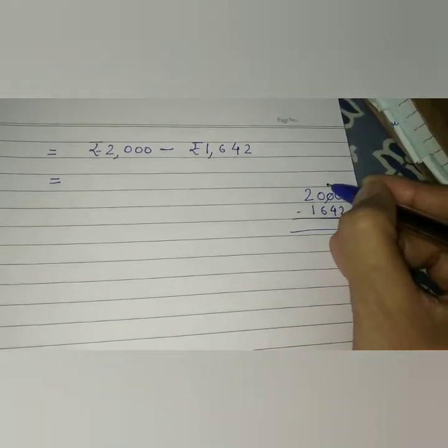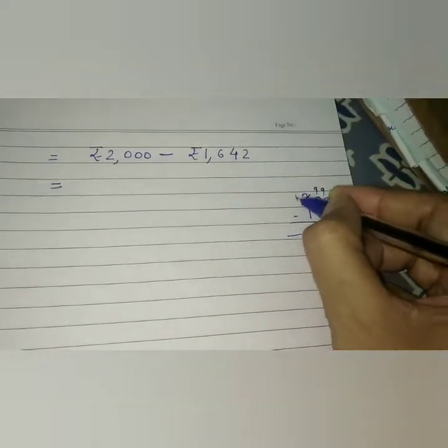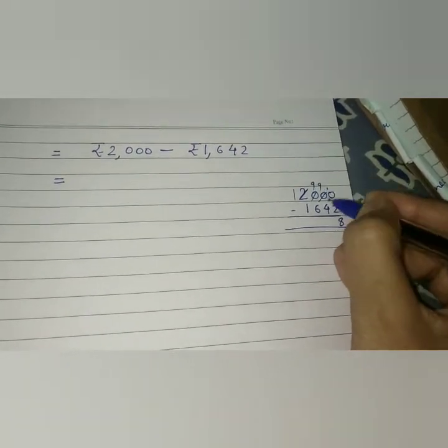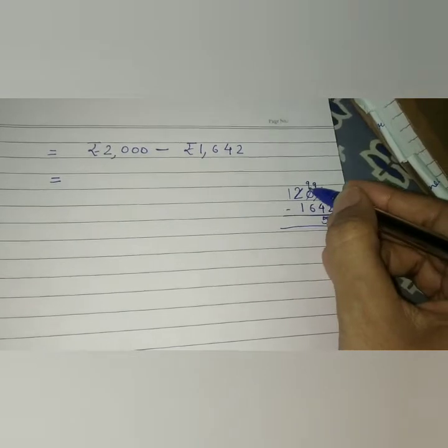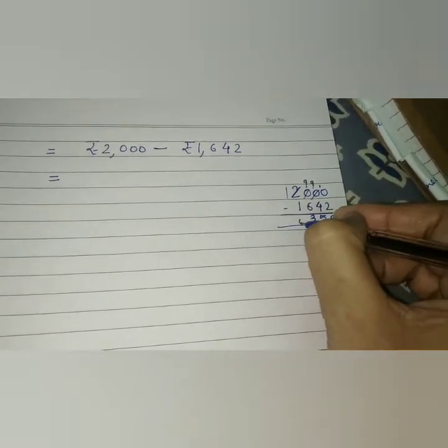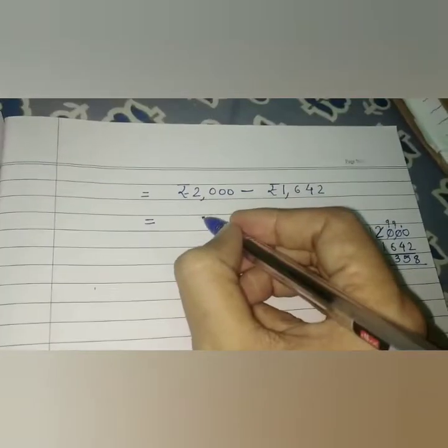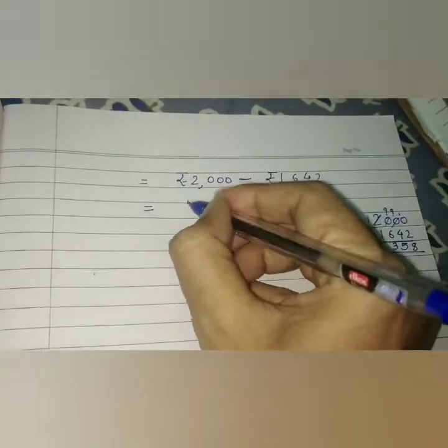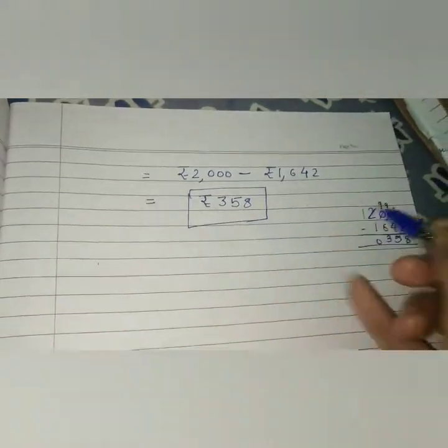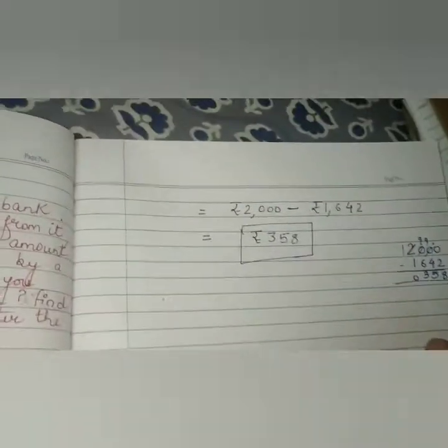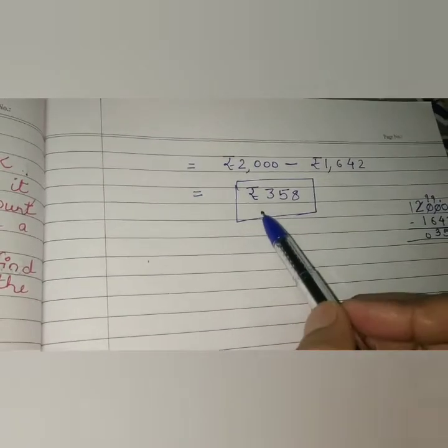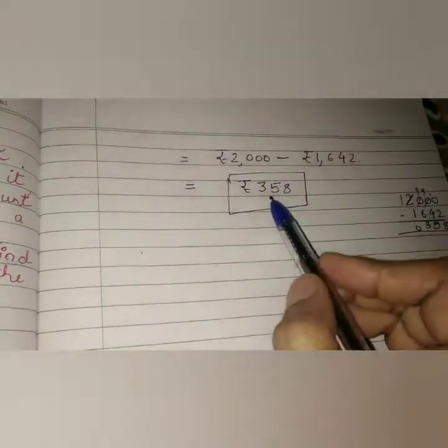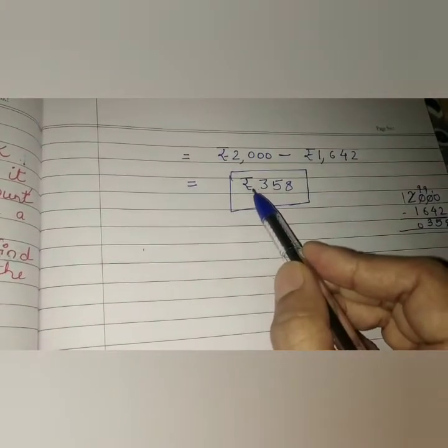We'll take carry, this will become 9, this will become 9, this will become 1. 10 minus 8 is 2, 10 minus 2 is 8, 9 minus 4 is 5, 9 minus 6 is 3, and 1 minus 1 is 0. So we get rupees 358. So the amount left in his account is rupees 358.